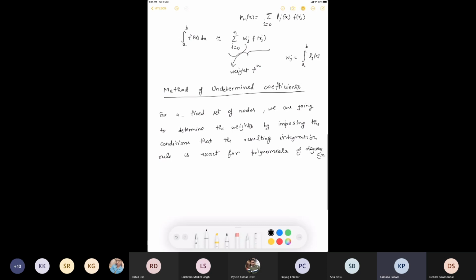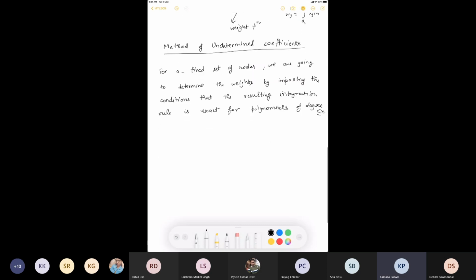Can you tell me what is the meaning of exact here? No error, right?